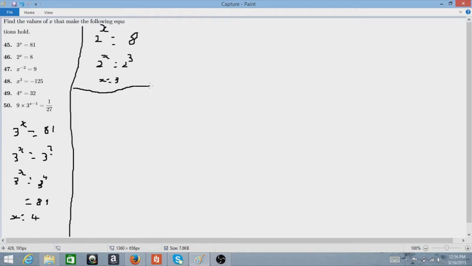Now for the next question, a bit more complicated, but very simple. You have here x to the power of minus 2 is equal to 9.